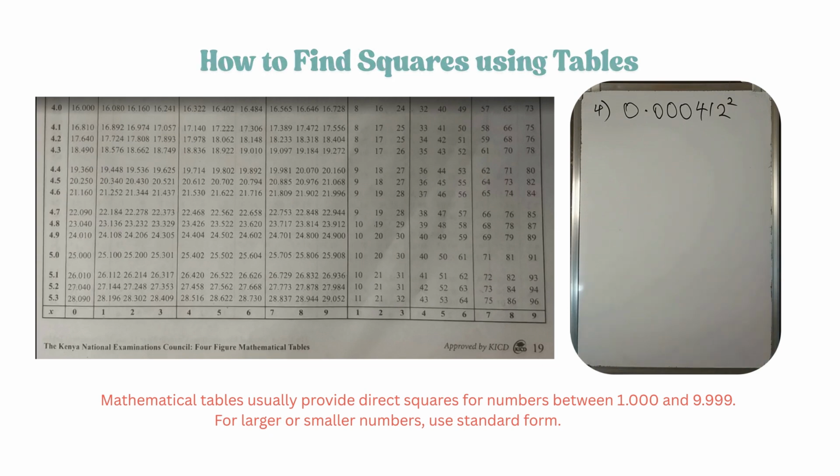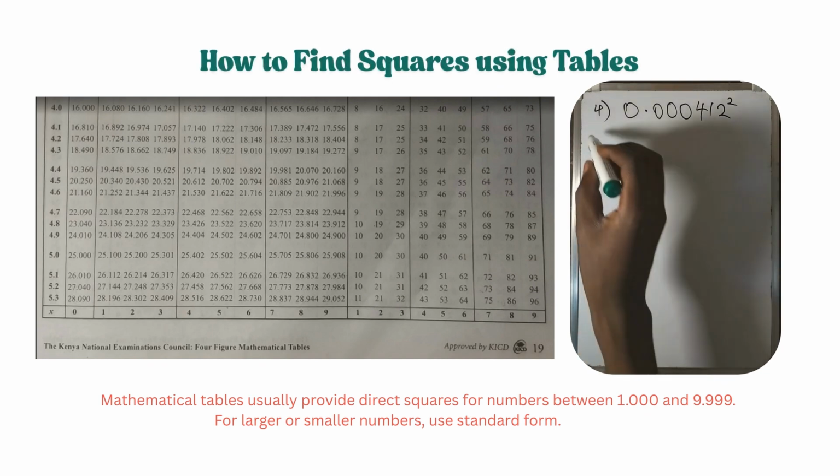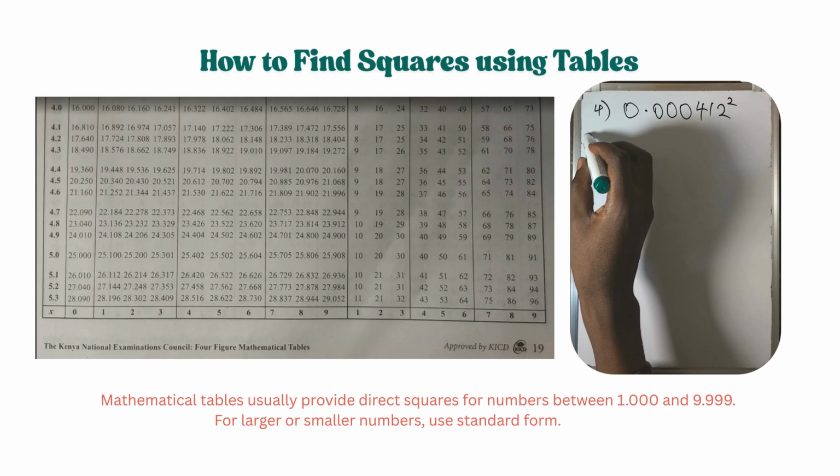Remember that in the mathematical table of squares, you can only find squares of 1 to 9.9 directly. For a number that is less than 1 or a number that is greater than 9.99, we must first write it into standard form.